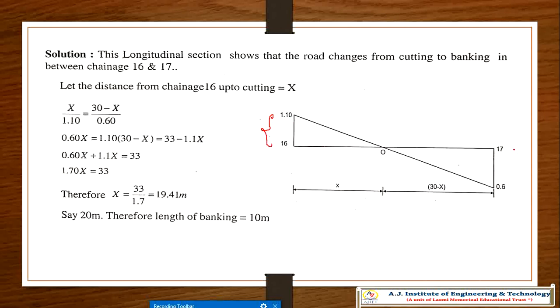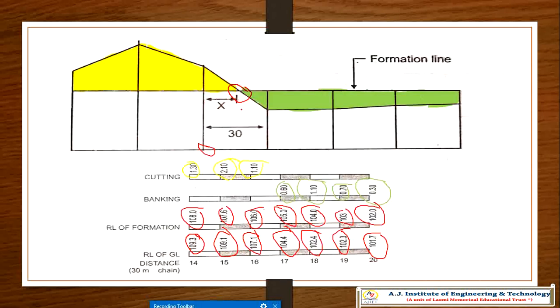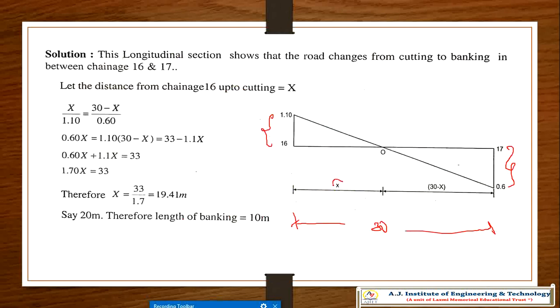And at the 17th chainage it is 0.6. So now we know that totally it is 30, isn't it? If x is the cutting length from 16 to 0, then the remaining will be 30 minus x. So the interpolation method is: x by 1.10 equals 30 minus x by 0.60.